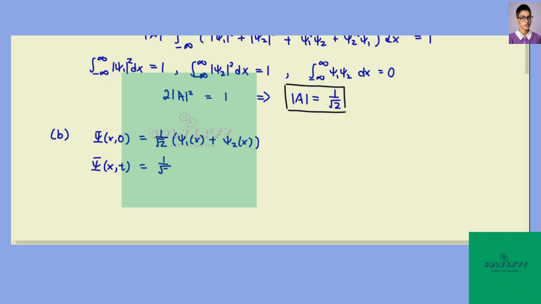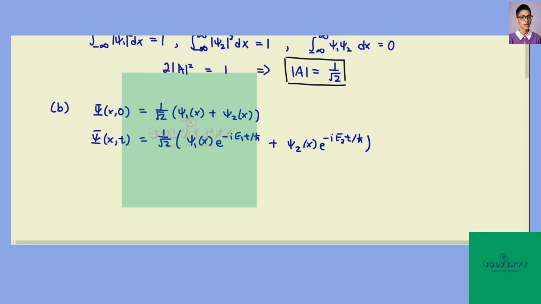What we need to do is just attach the phase factor e to the negative i E1 t over h bar to the first term, and for psi 2 it will be e to the negative i E2 t over h bar.